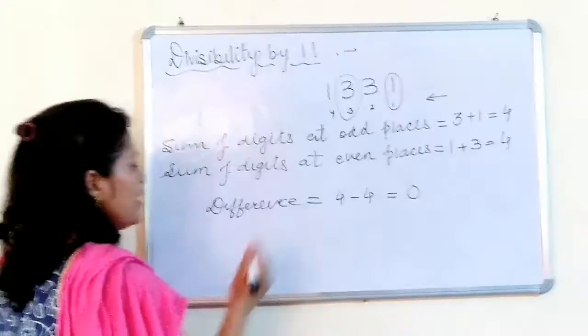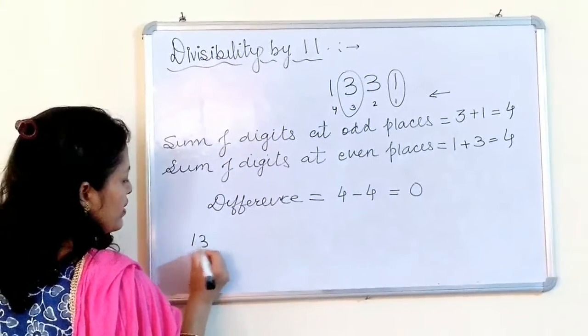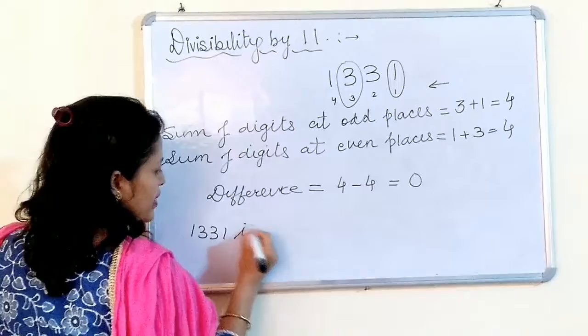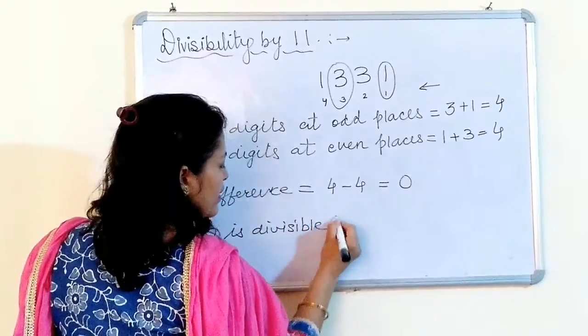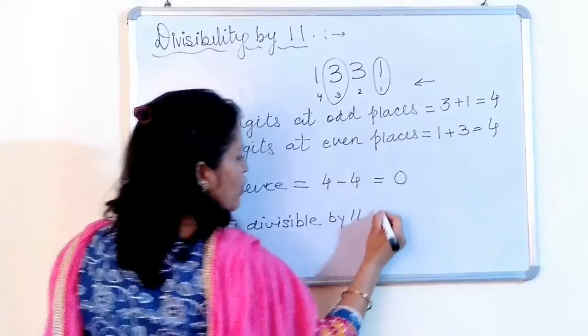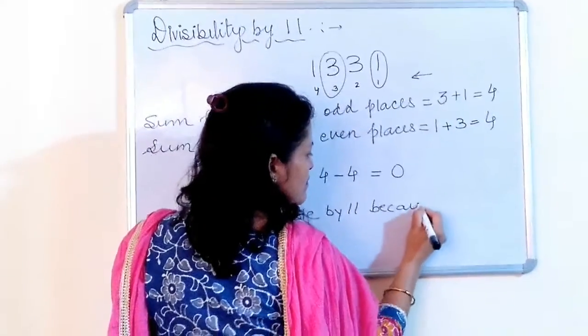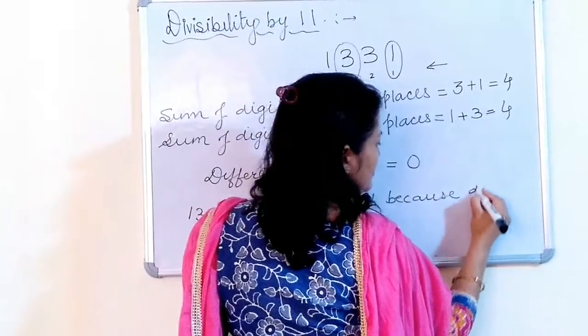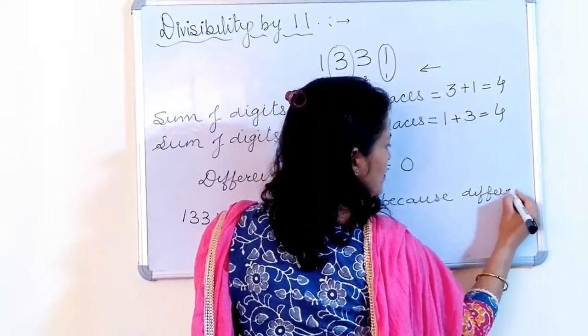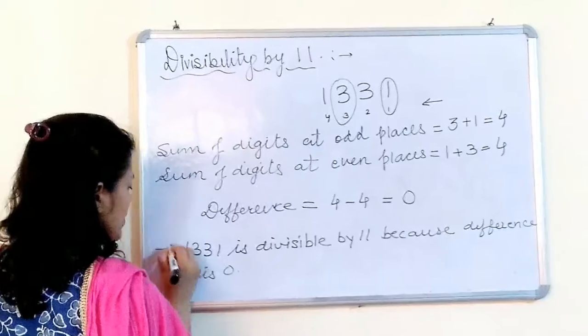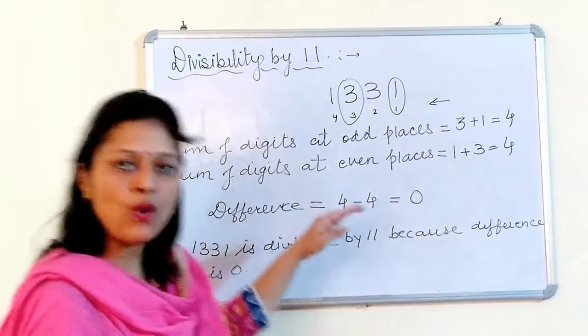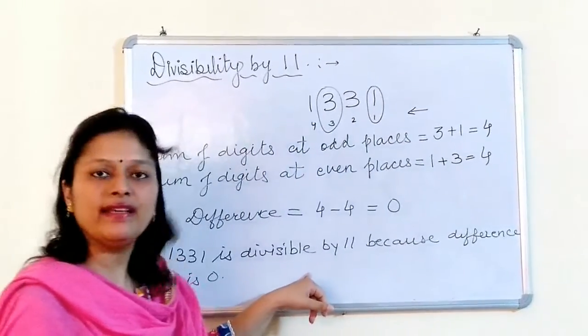In this case, the number 1331 is divisible by 11 because the difference is 0. You will show the whole procedure, then you will write the answer.